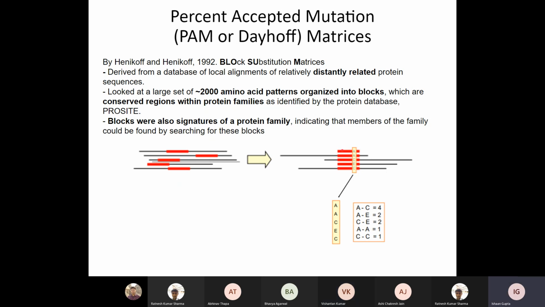Exactly. So the assumption here, evolutionarily speaking, is that whenever we are talking about these kinds of mutations, we are talking about how one sequence converts into another sequence, right? If we are talking about this first sequence, which has an A, this can be converted into the third kind of sequence, or it can be converted into the fifth kind of sequence, because here we are not only concerned about the amino acid, but we're also concerned about the context of the amino acid.